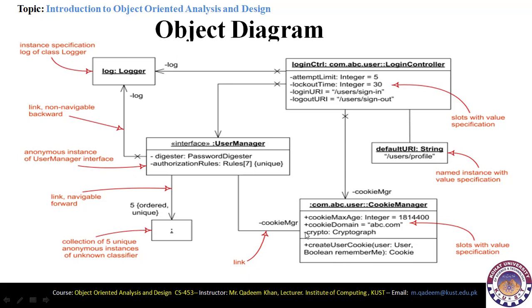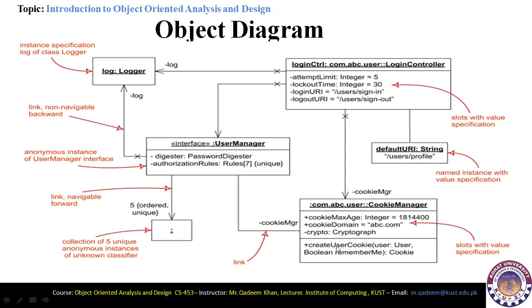Now there are different types of symbols: plus and minus, and similarly the hash symbol as well. This represents the access specifier of these attributes. That means plus means that they are public and minus means that they are private.